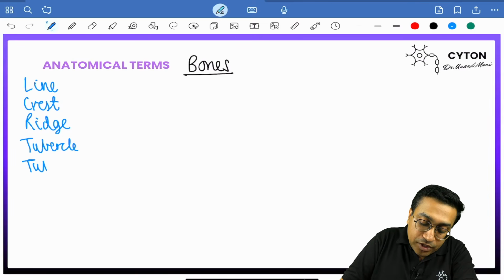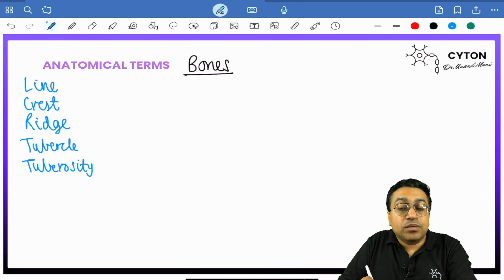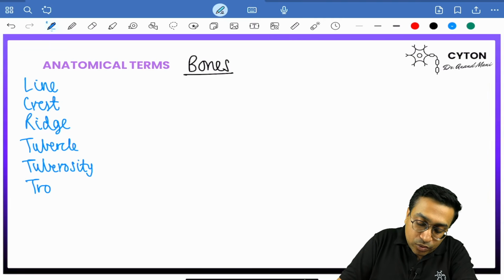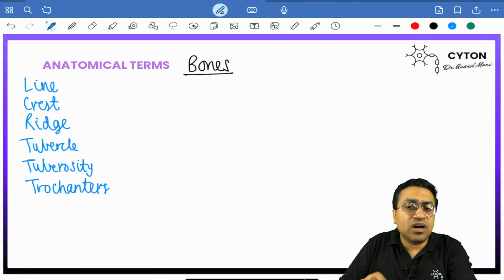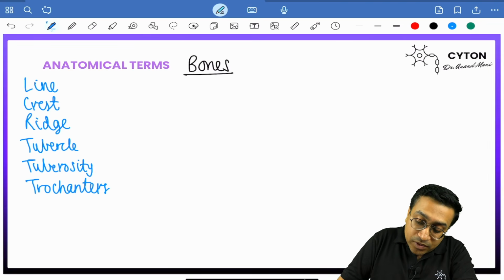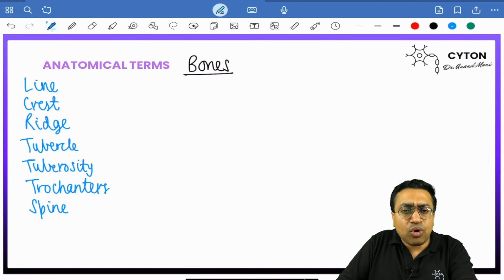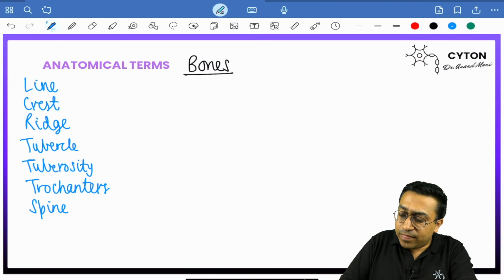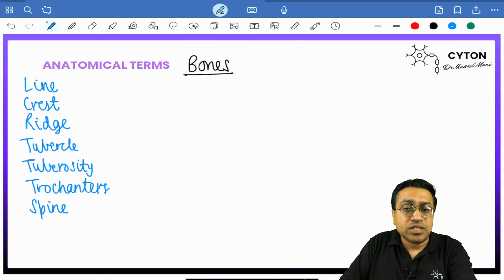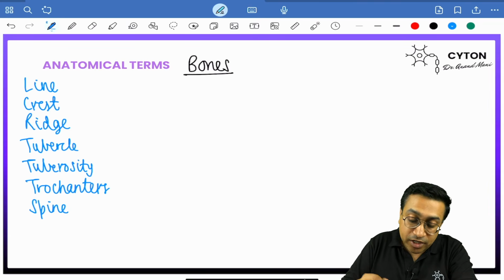Then tuberosity, prominent rounded elevation or projections, example ischial tuberosity. Then trochanters, these are very large projections of the bones, example greater trochanter of femur. Then spine, these are long thin projections, example spines of the vertebrae.